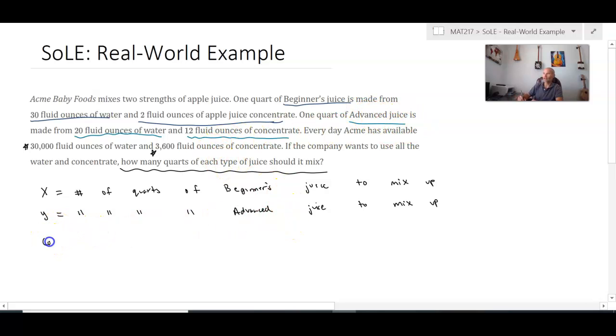So I'm going to write what are my constraints. What are the real world constraints? So we want to use 30,000 fluid ounces of water. We want to use it all up. We could use less, we just can't use more. So if we're going to be able to sell all this, then we want to use up what we have available and use up 3,600 fluid ounces of concentrate.